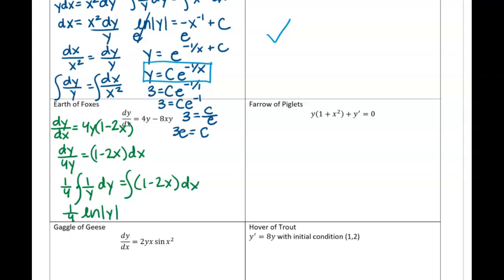And you could have done u substitution and done u equals 4y if you wanted to, and you'll get the same answer even if it looks a little different, equals x minus 2x squared over 2, which is x squared, plus c.